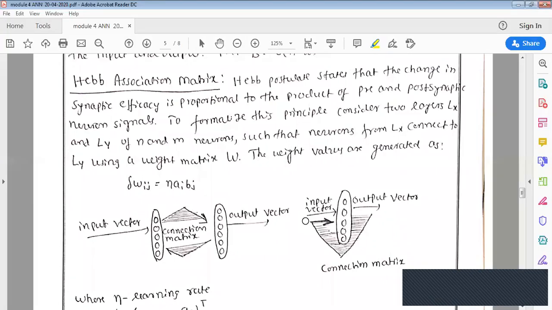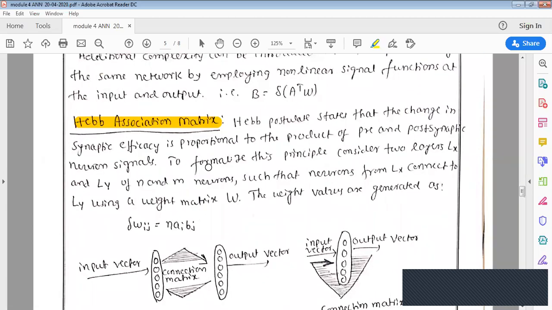Now, we will look into the Hebb association matrix. First, let us understand what Hebb's postulate is. Hebb's postulate simply states that the change in synaptic efficacy means a neuron that already knows something is training another neuron, trying to teach it whatever it has already learned.